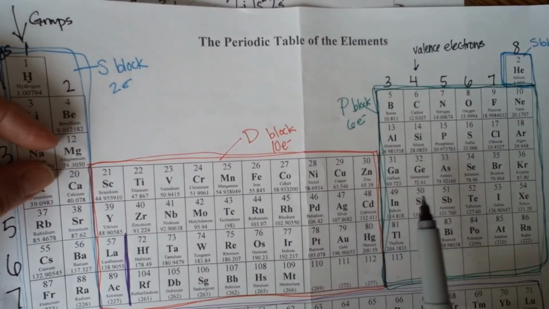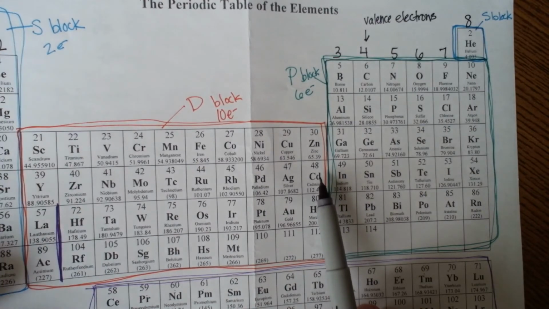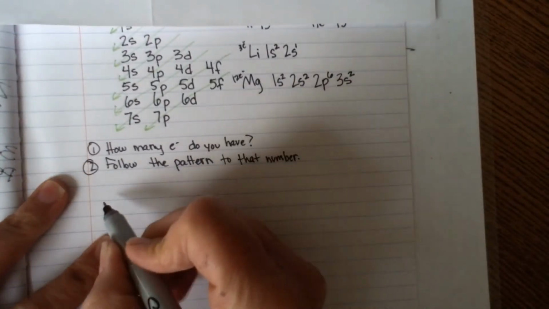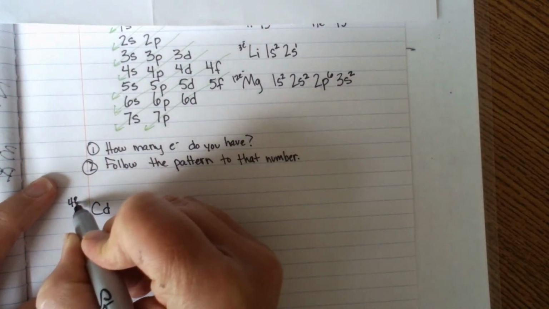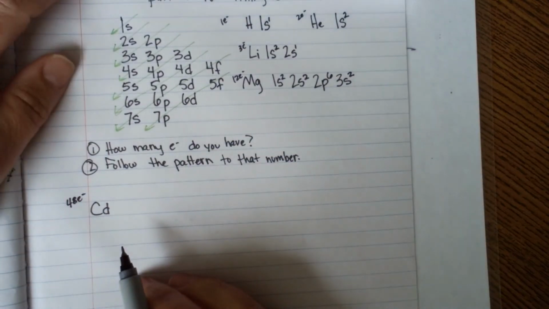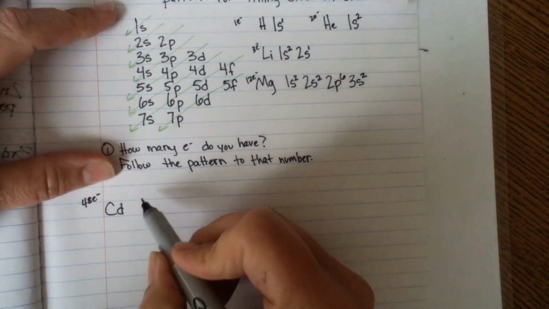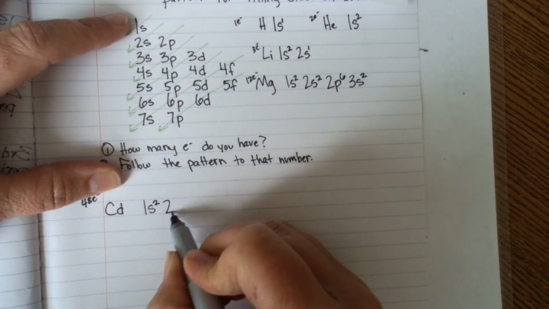Let's go ahead and do cadmium. It's number 48. We'll go through a lot of the letters this way. Alright, so we'll come down here at the bottom and we'll do cadmium, 48 electrons. So we start with 1s. And then we go 2s.